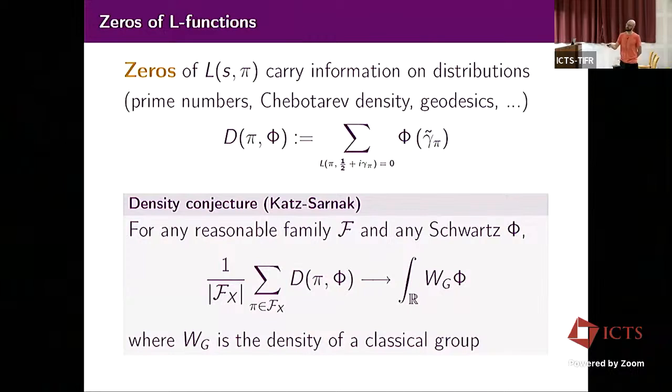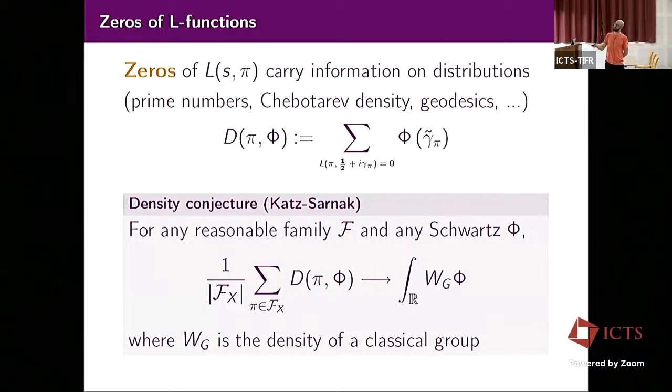So on average, this family, when you let it grow, behaves as something explicit. This is an explicit measure with density W_G of phi. And W_G is not just anything. It's in fact conjectured to be only one of the 5 possibilities that arise in the case of classical groups of random matrices: orthogonal group, unitary group, symplectic group, etc.